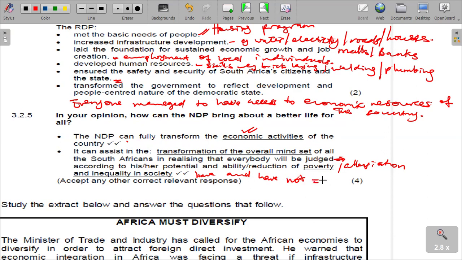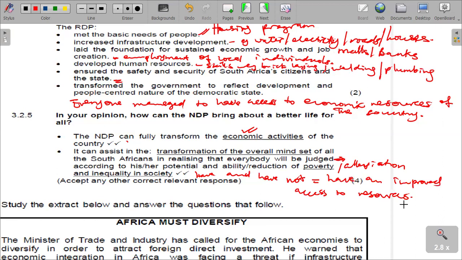The gap between the haves and have-nots has an improved access to resources. That is quite a good advantage in that context.